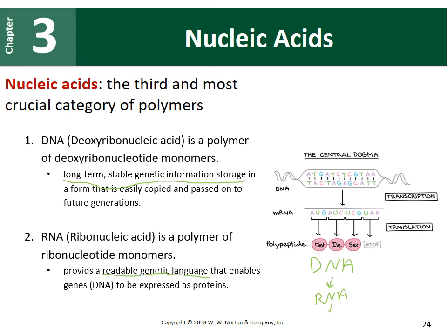The RNA is used to create proteins. We will get into this process known as gene expression, or sometimes referred to as the central dogma of molecular biology. Our DNA goes through transcription to create RNA. RNA goes through translation to create our proteins.